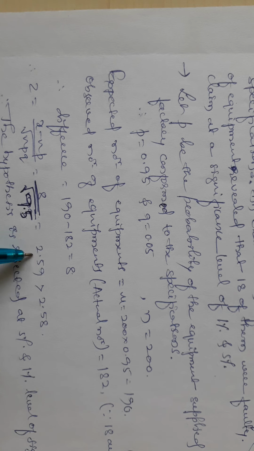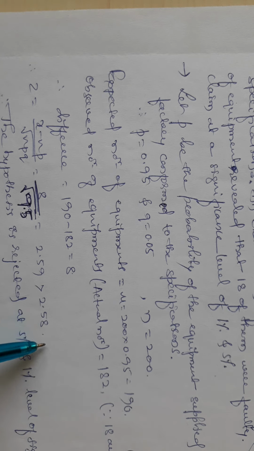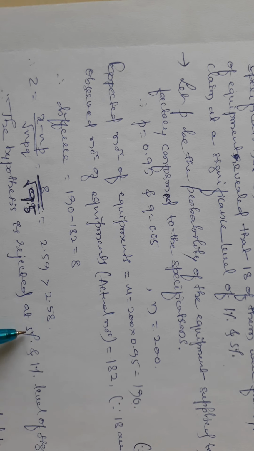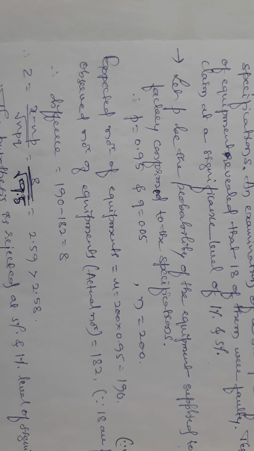Simplifying, we get 2.59, which is greater than 2.58, and therefore also greater than 1.96. Hence the hypothesis is rejected at 5% level of significance and 1% level of significance.